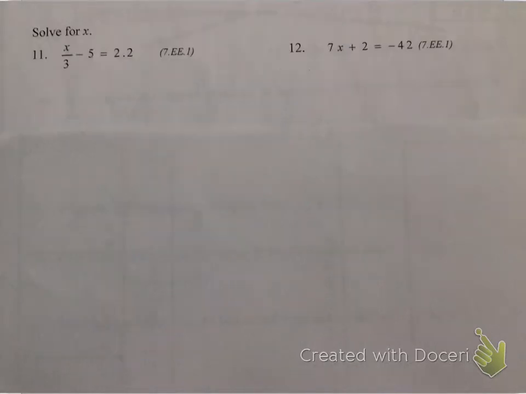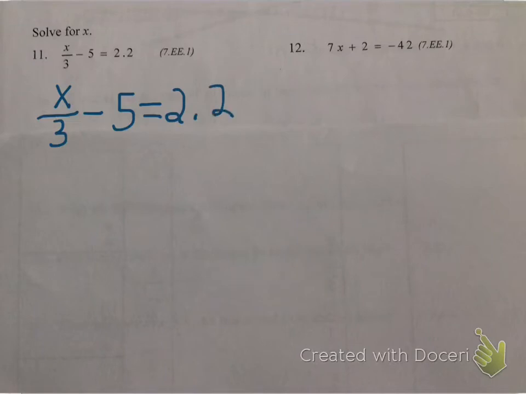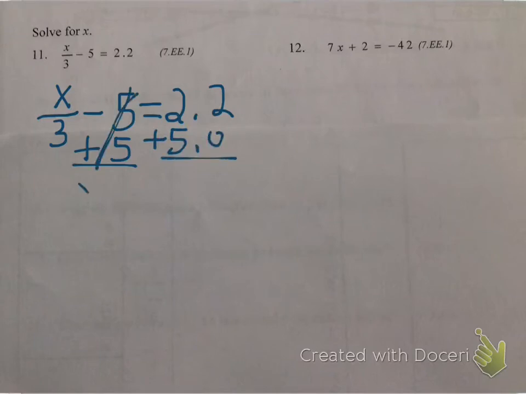Okay, question number 11, that is an equation. Just solving that equation is nice and simple. I'm going to rewrite the problem just a little bit bigger, and I would solve that by getting x all by itself. So I'm going to add 5 to both sides. Make sure you line up your decimal here. Negative 5 plus 5 cancels out.